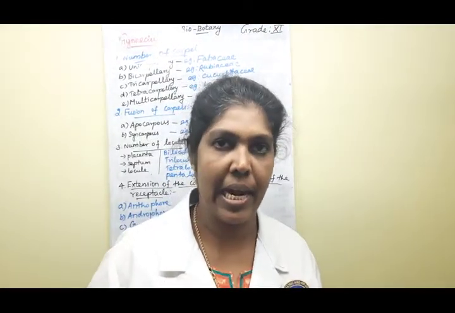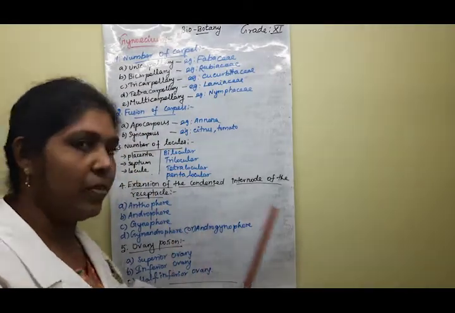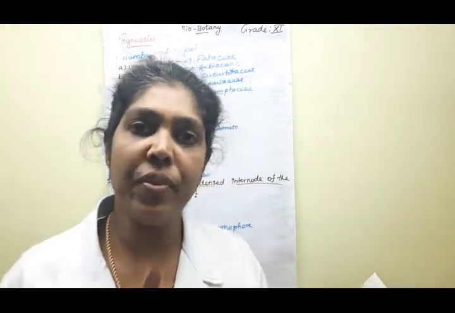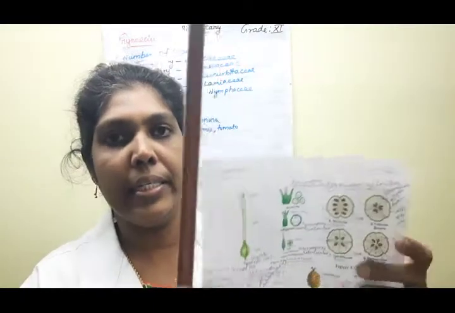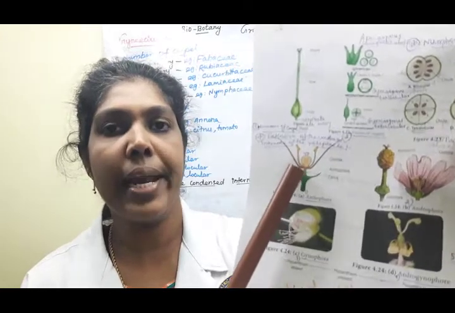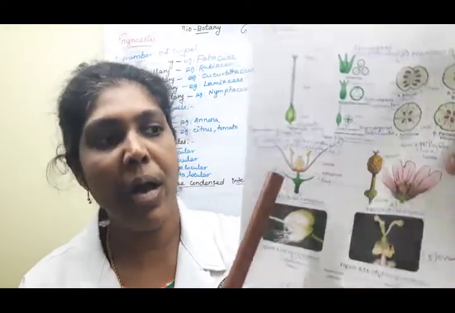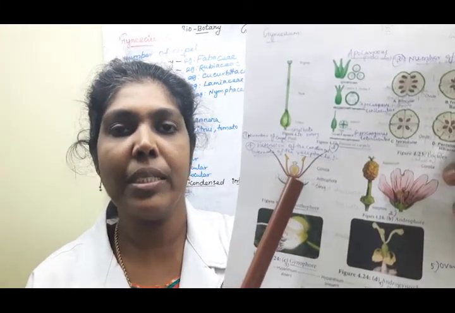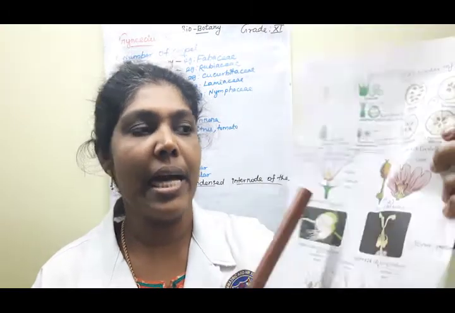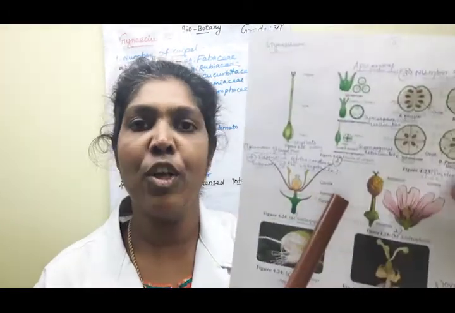Clear? Let us learn this one by one in detail. The first one, anthophore. Anthophore means an internodal elongation present between the calyx and the corolla. The internodal region between the calyx and corolla is known as anthophore.